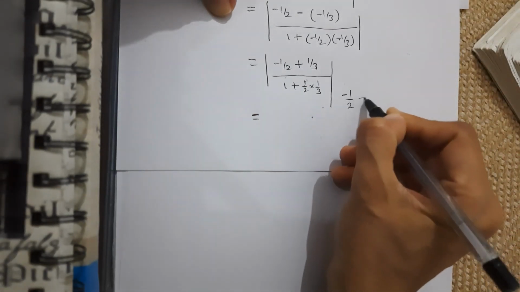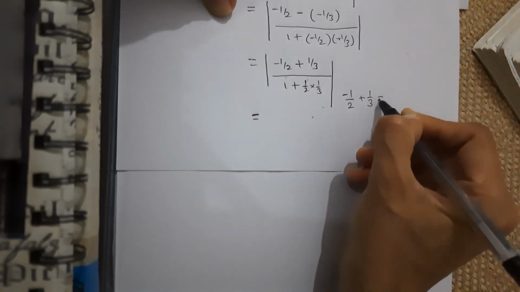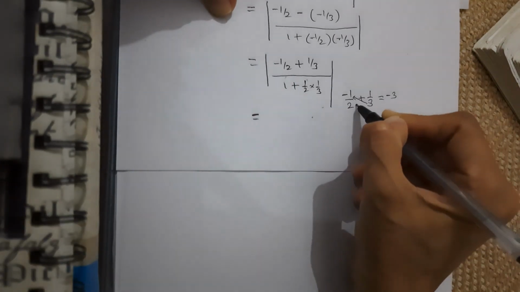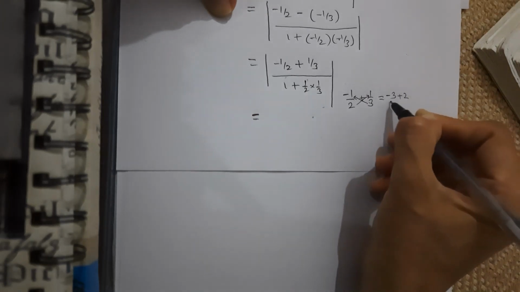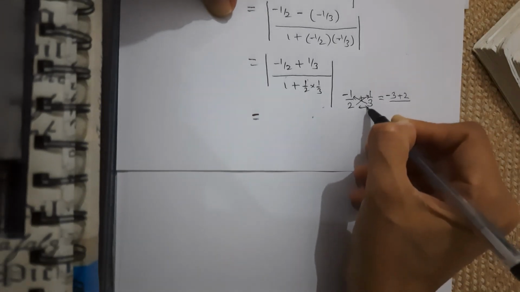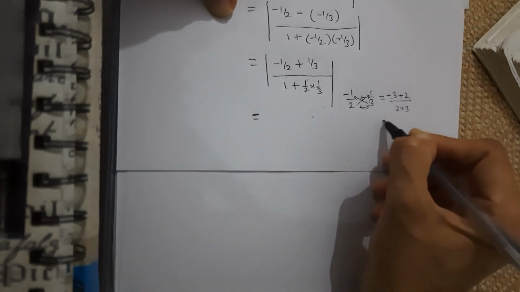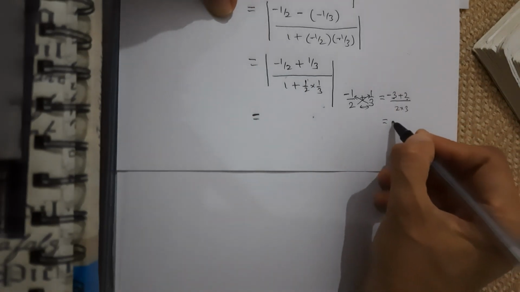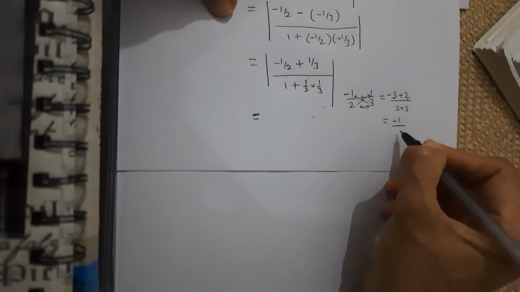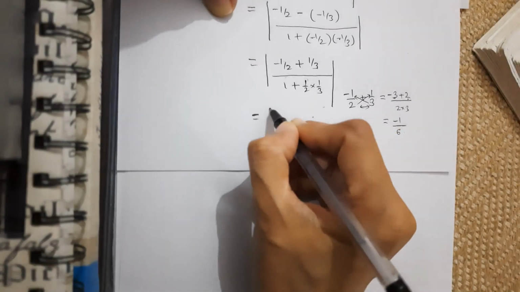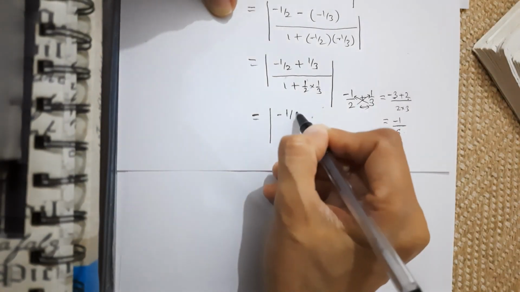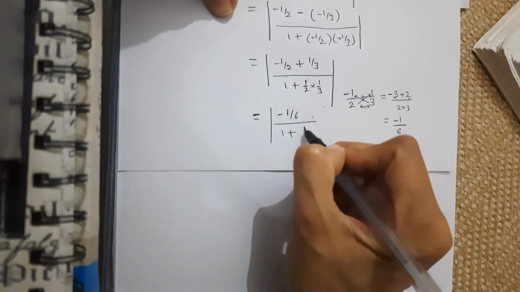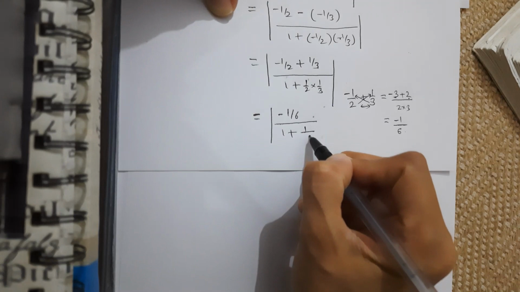So minus 1 by 2 minus 1 by 3, cross multiplying: 3 into minus 1 minus 2 into 1, divided by 3 into 2, that is 6. So what will I get? Minus 3 minus 2 over 6. So in the numerator I get minus 5 by 6, upon 1 plus 1 upon 3 into 2, which is 6.